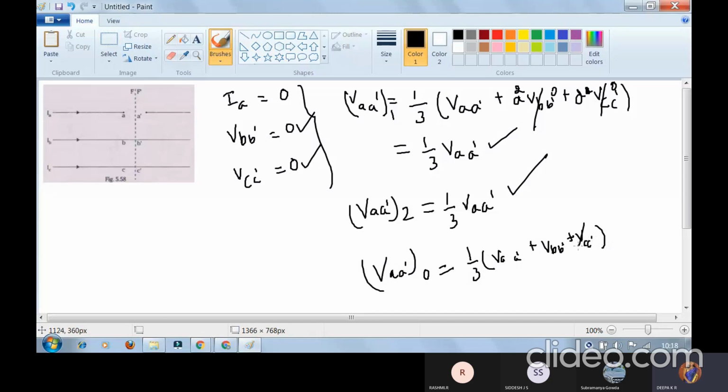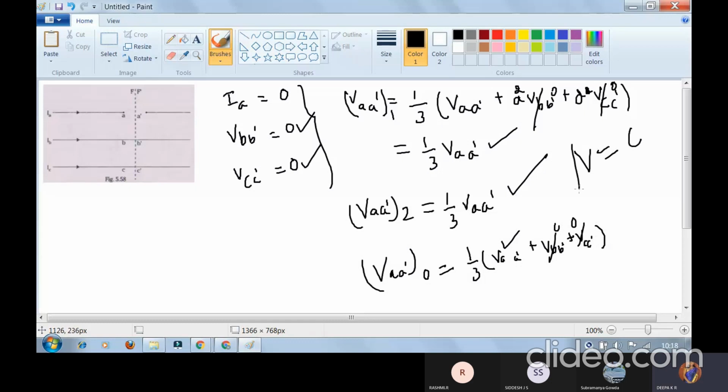So these two are 0. The left out answer is 1 by 3 into VA into A dash. So from this you understand that voltage is constant in all the sequences of a network: positive sequence, negative sequence and zero sequence, your voltage is the same. So you can say voltage is constant.